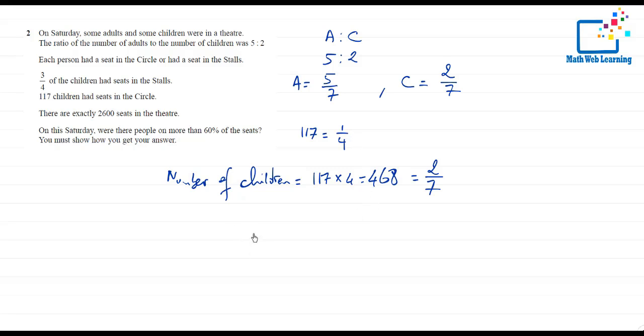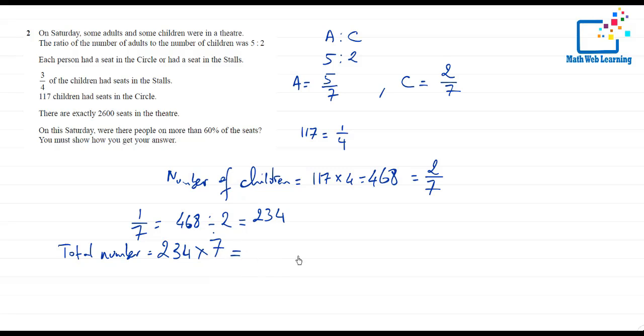Okay, so basically we need to work out 7 out of 7. So I do 468 divided by 2 to work out 1/7, right? And that gives me 234, and of course multiply by 7. The total number is now equal to 234 times 7, because according to this ratio we've got 7 parts.